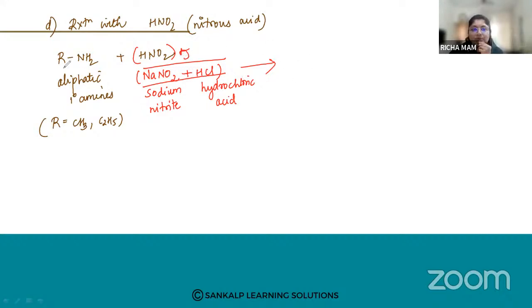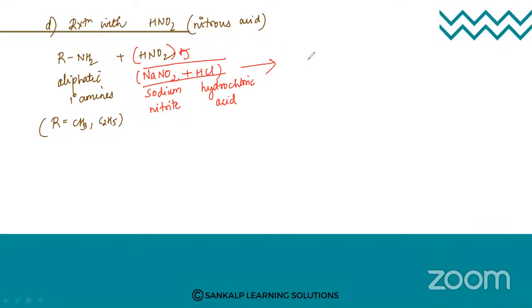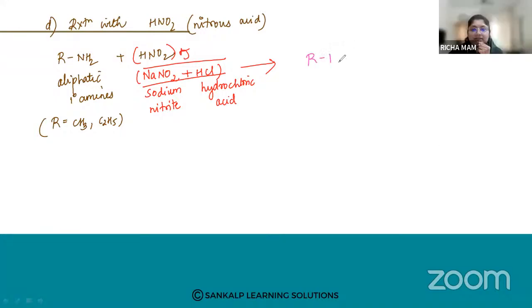Then, when this primary amine reacts with nitrous acid, I am going to get a diazonium salt.